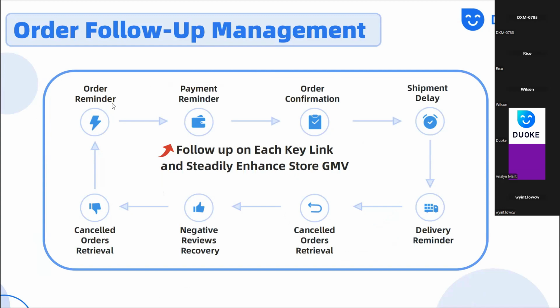For example, if a customer has consulted about one product of our stores but didn't place an order, at this time we can send an order reminder message to the buyer, and this can help the buyer place the order.